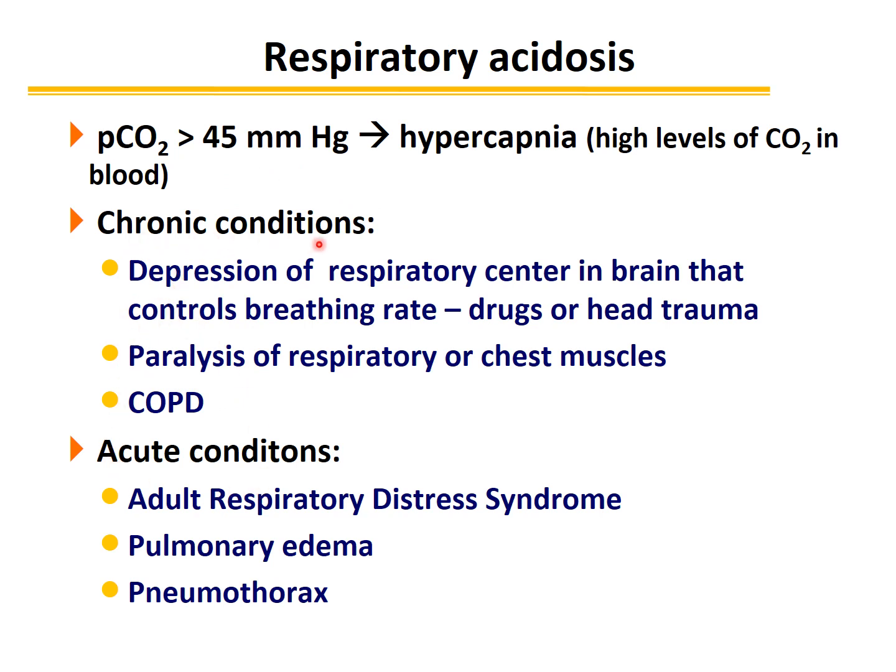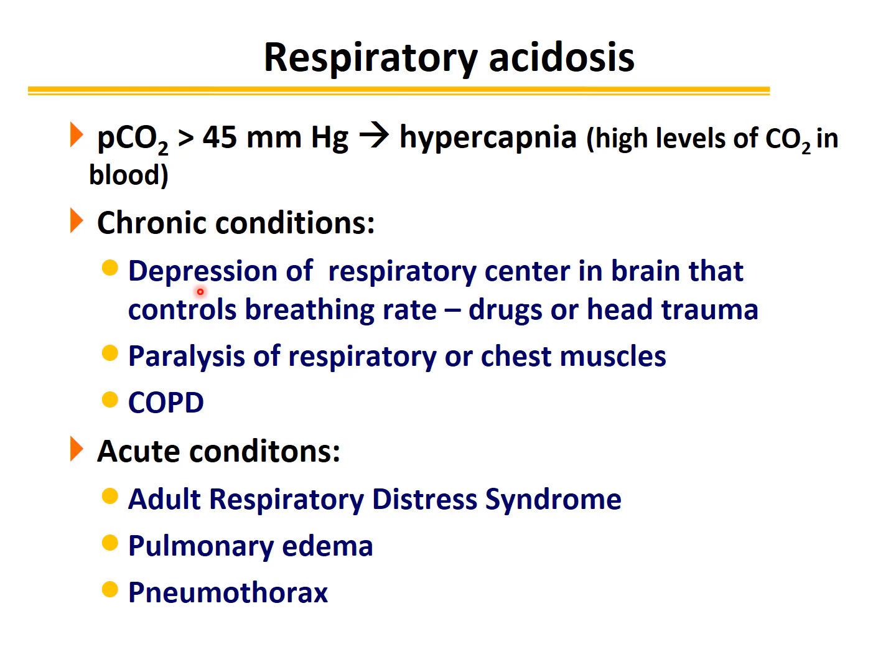For example, the chronic situation can be any kind of nervous problem, the depression of the respiratory center that controls the breathing rate, for example by drugs or head trauma, or paralysis of the respiratory or chest muscles, or if somebody is suffering from chronic obstructive pulmonary disease. Usually it's associated with a pumping abnormality.